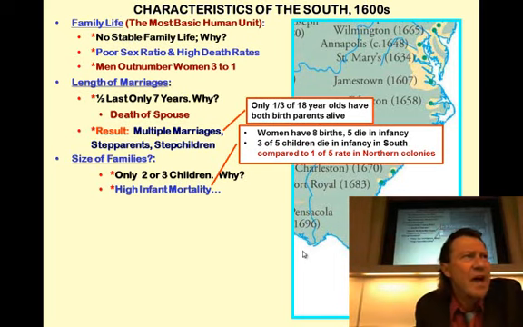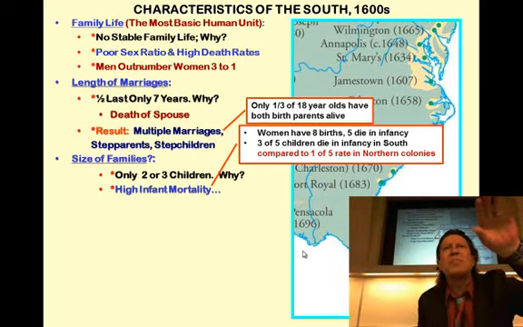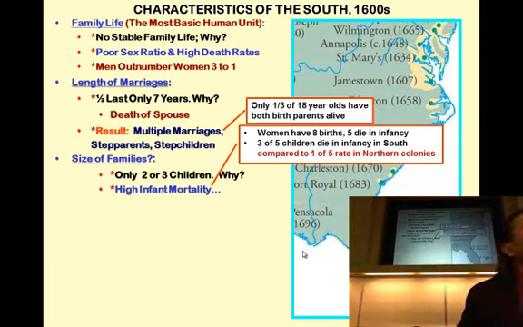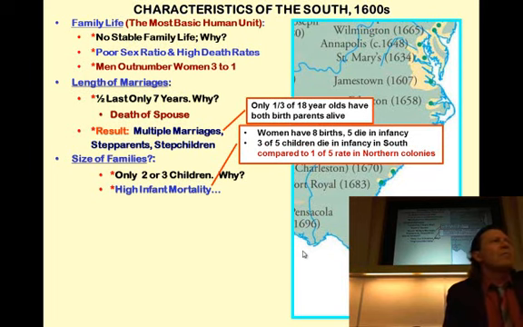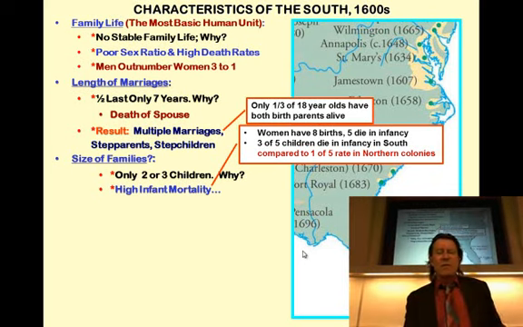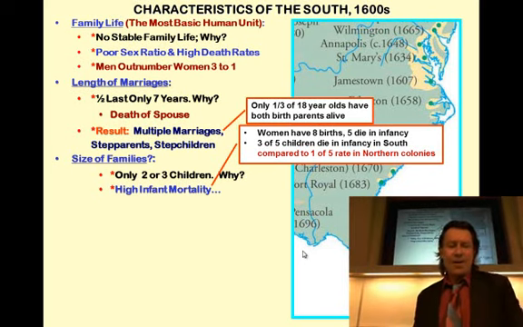There is another factor that was present among the people living in the southern colonies that resulted in, when they were able to have a marriage, there were fundamental factors that restricted how many kids they could have, beyond infant mortality, beyond the fact that a bunch of people are dying because of the disease environment.